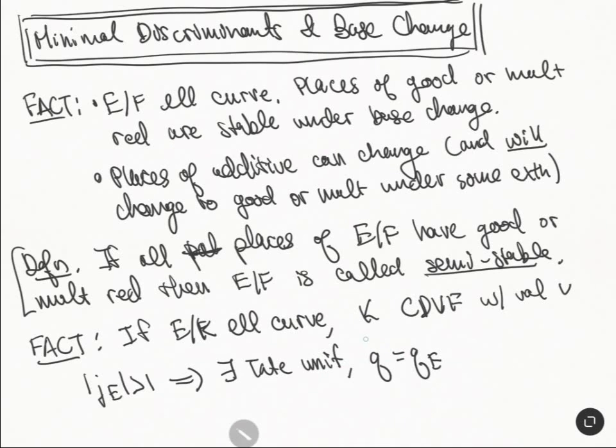So this is the Tate parameter. There exists a Tate parameter, so there's this number q_E, and the uniformization map.